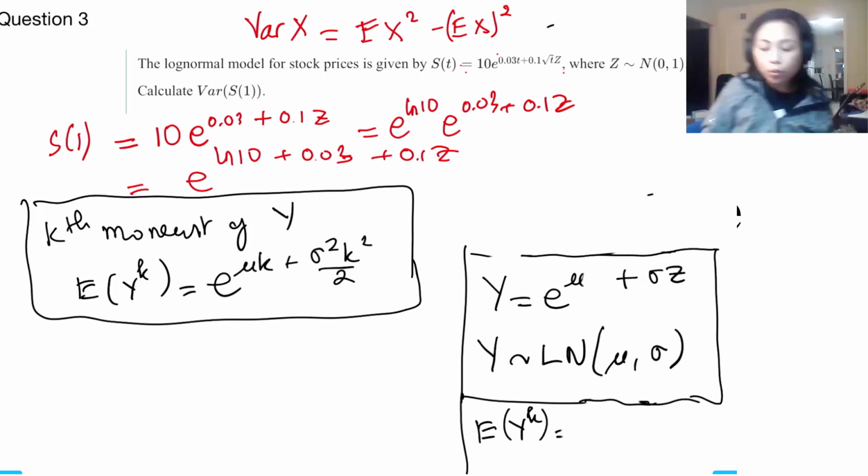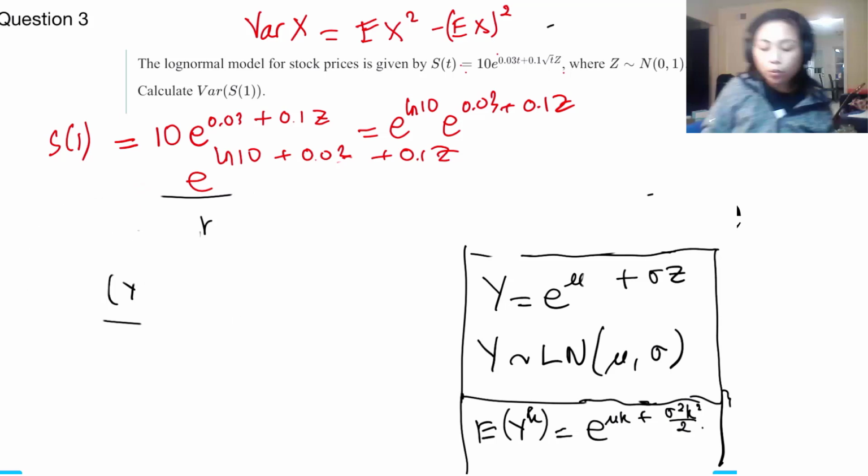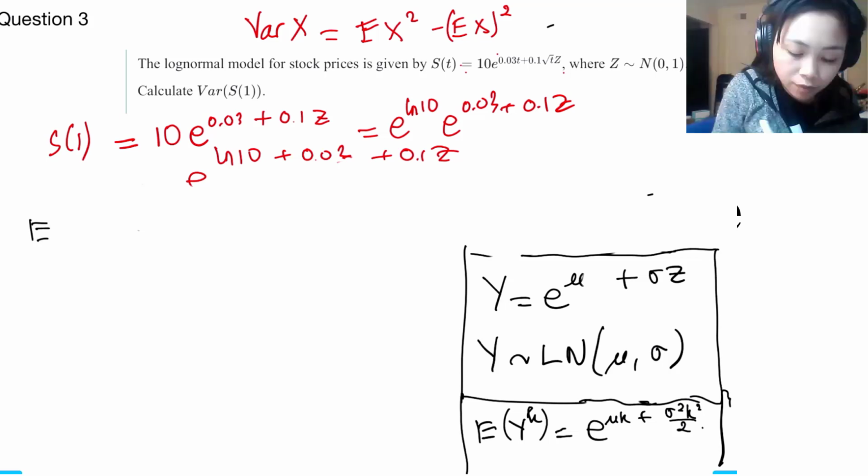So in order to find the variance of S of 1, we first have to find its expected value, E of S of 1, right? And here k is just 1, right? And mu in this case is this one, and this is sigma. Alright, so E of S1, k is 1, right?